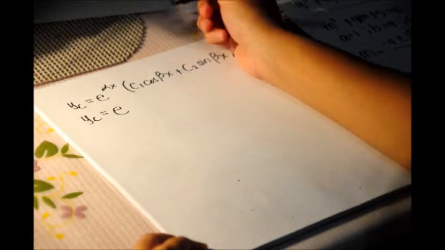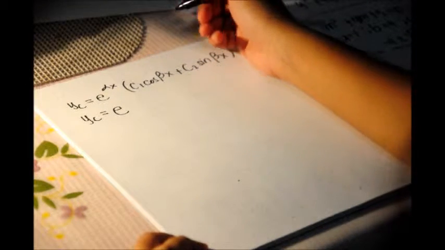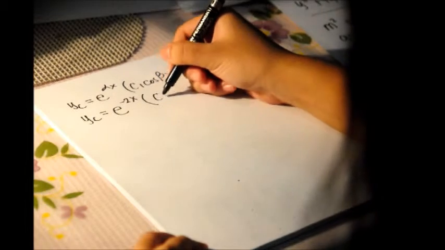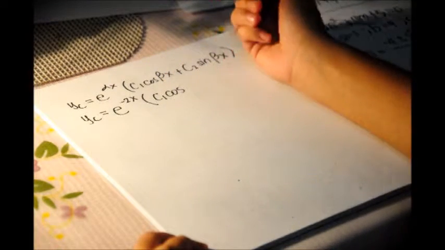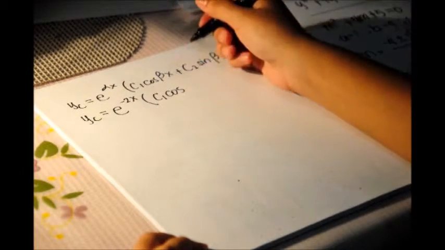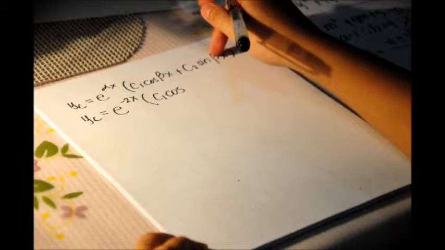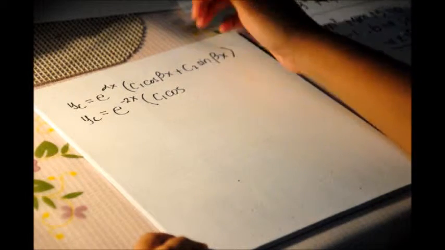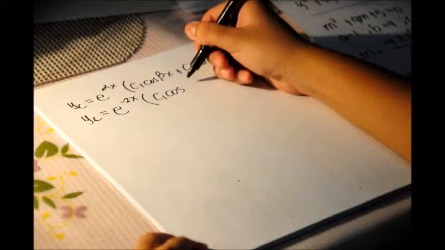So the yc for the equation becomes yc is equal to e to the negative 2x, since alpha, the real part, has the value of negative 2, times c1 cosine, where beta is the coefficient of i, which is 1.